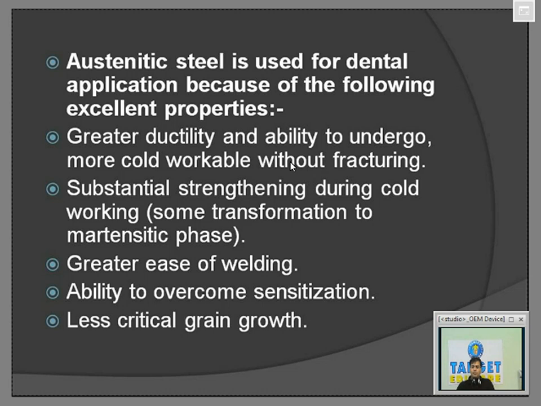Cold working is when you are repeatedly bending or modifying the wire, giving bends continuously. Some metals undergo a decrease in strength or become brittle if you cold work them more. But austenitic stainless steel strengthens during cold working. So when you are constantly modifying or bending the wire, strengthening is also occurring, so there are fewer chances of wire fracture.